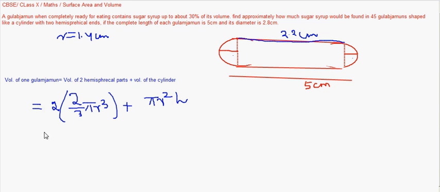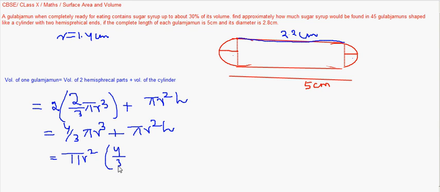So that makes it 4 by 3 pi r cube plus pi r square h. That is equal to, I can take pi r square common, that leaves me with 4 by 3 r plus h.